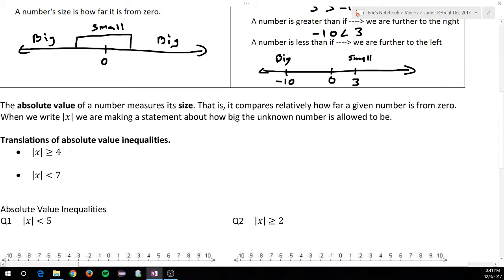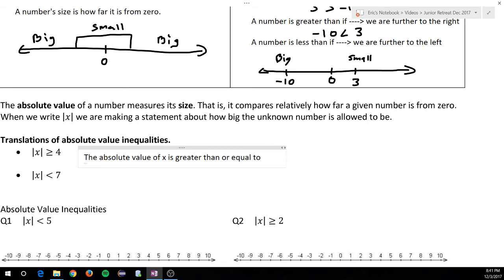So if I were to read the first absolute value inequality, I would read the absolute value of x is greater than or equal to 4. In other words, this is telling me that whatever number you choose has got to be at least 4 away from 0. So let's go ahead and write that down. So the absolute value of x is greater than or equal to 4.